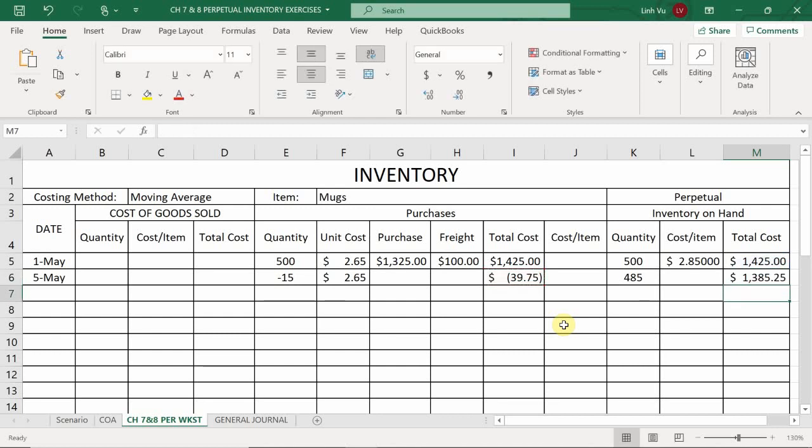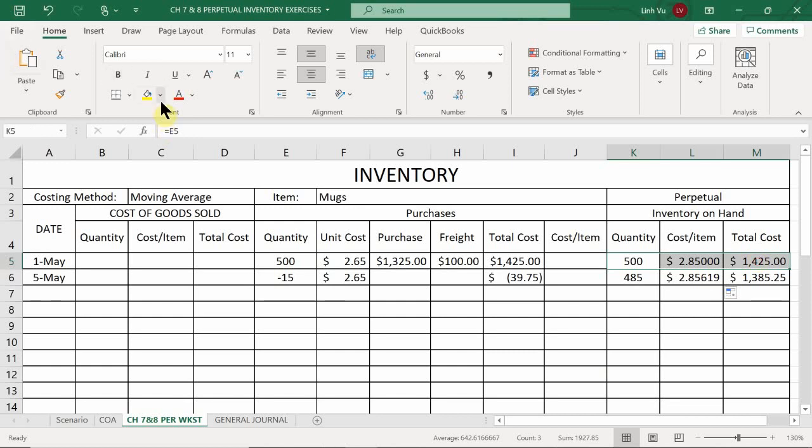Let me calculate that then. There you go. I did not get 298. In this case, it cost me $2.85, because my new total cost is now $1,385.25.